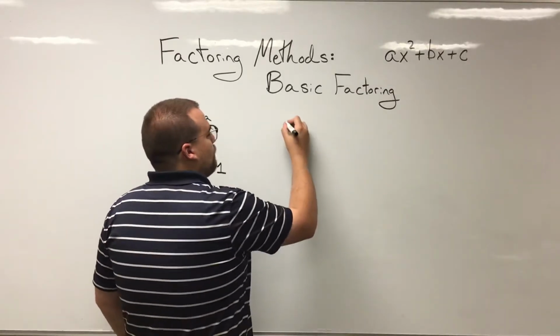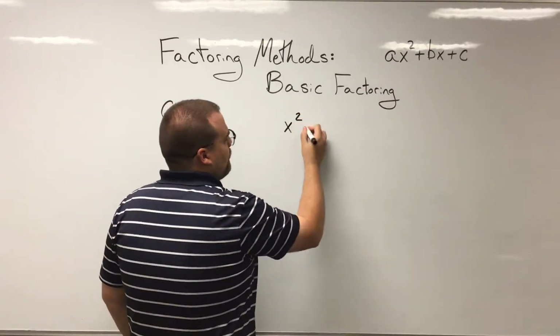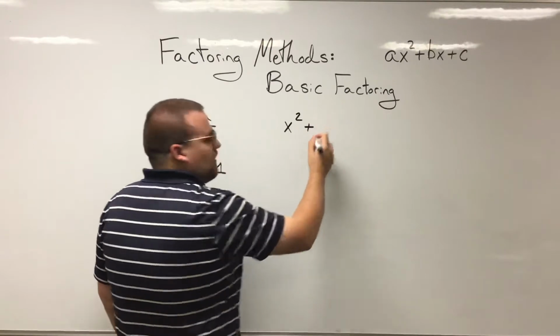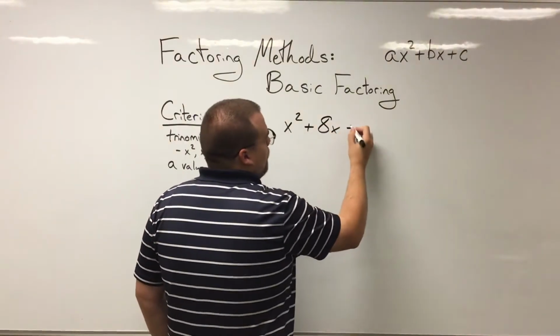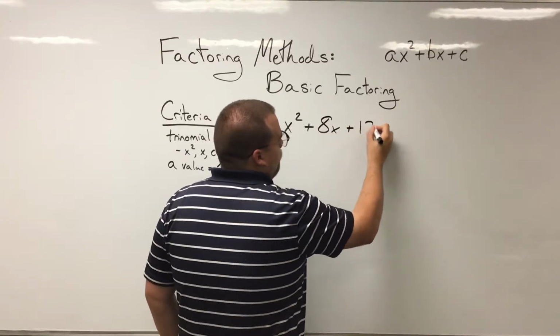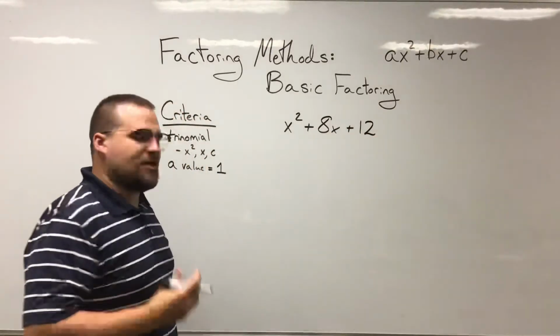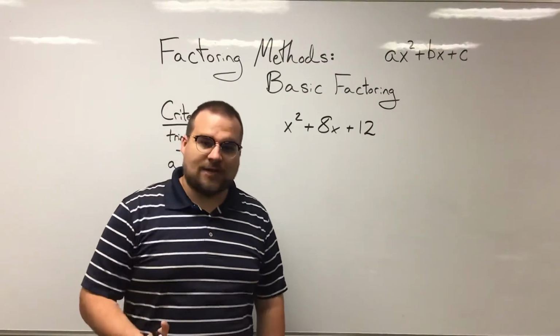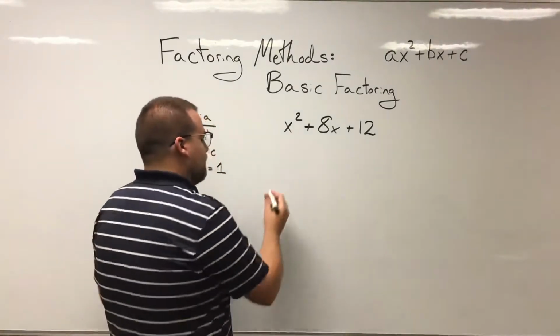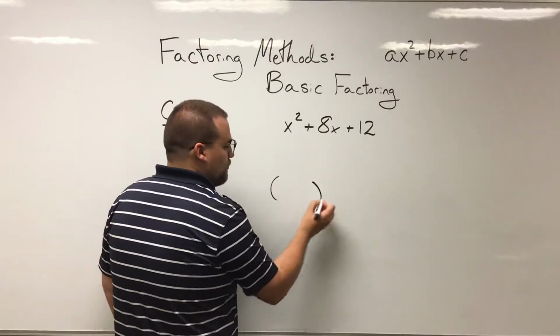Let's start with x squared plus, let's say, 8x plus 12. So here's how it goes. The first step to basic factoring is to create two binomials.